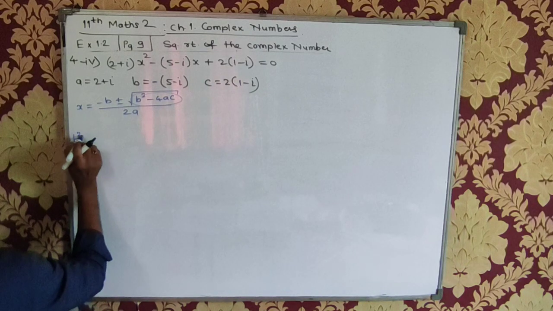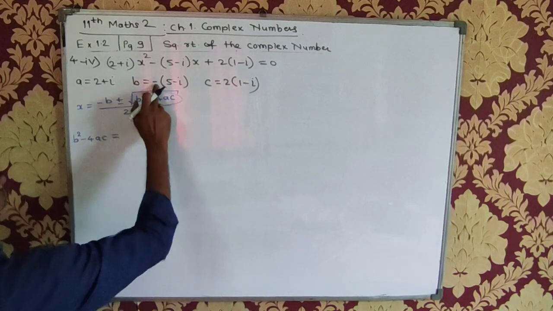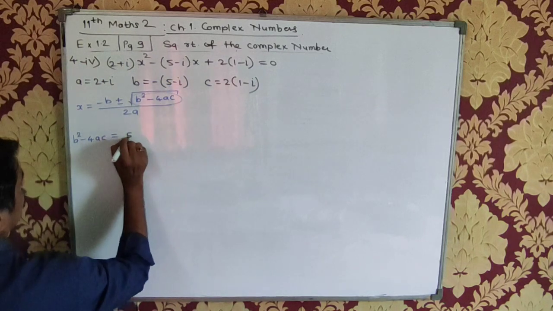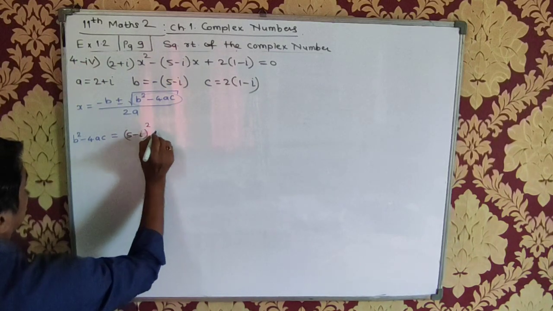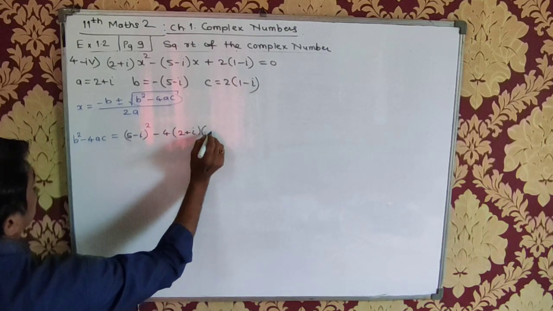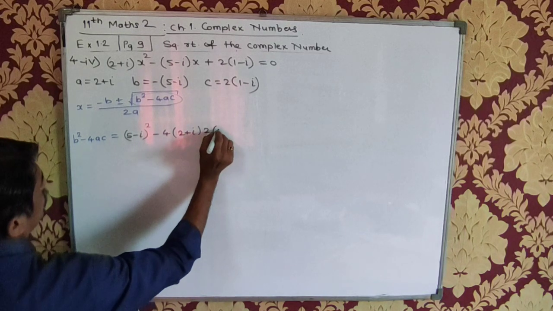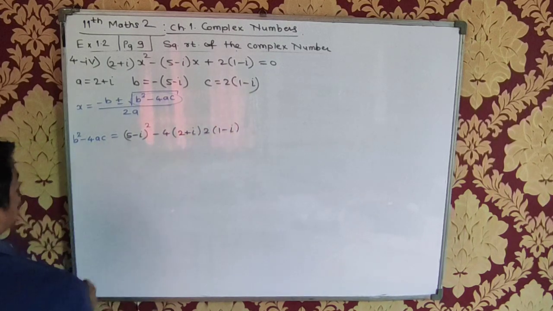Yes, okay. b square minus 4ac. What will it be? b square is (5 minus i) square, minus 4 times a times c, that is 4 times (2 plus i) into 2 into (1 minus i). Correct?